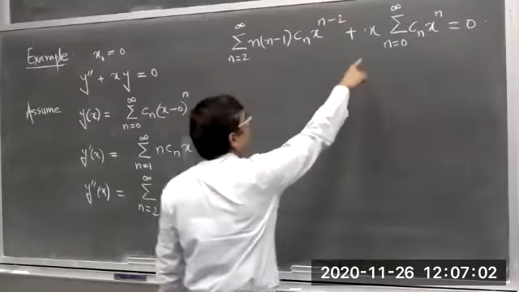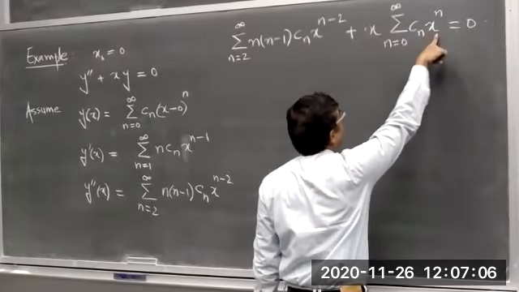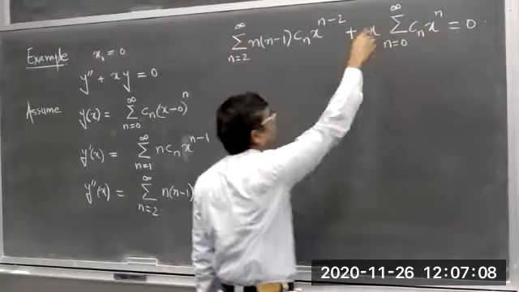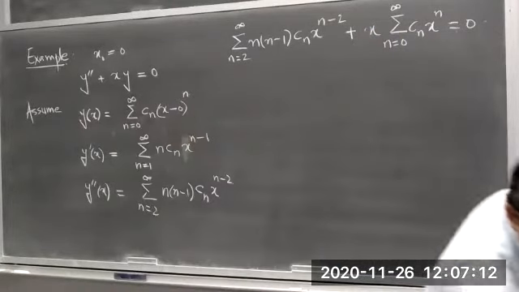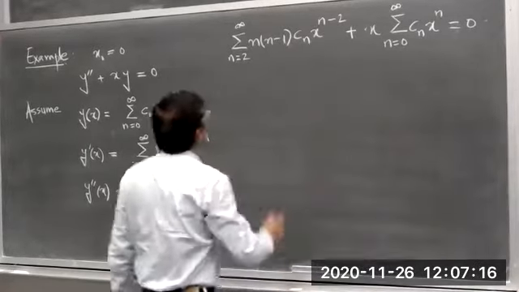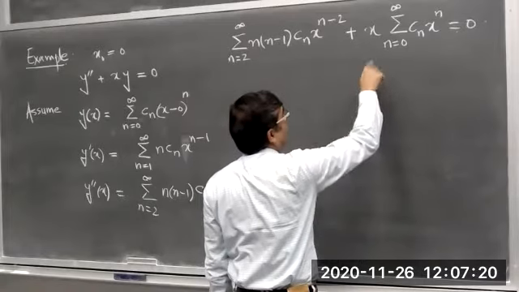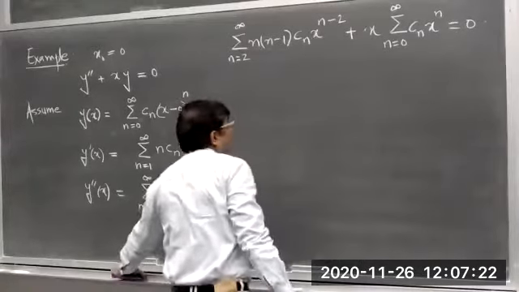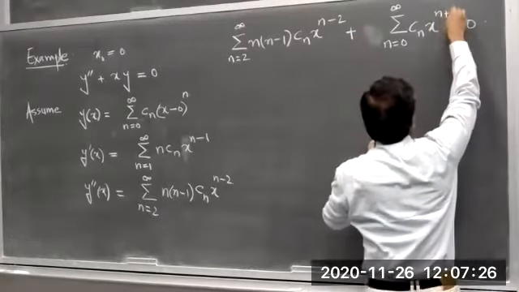Now we can take this x inside this summation, because there is no n involved here. What we do in the next step, we can take this x and put it here, giving n plus 1.